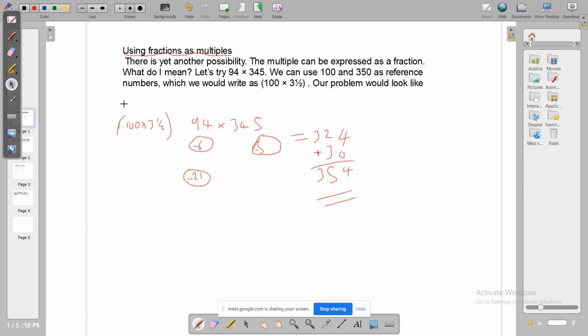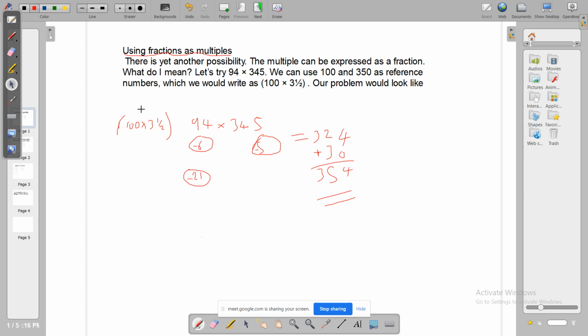So 3 and a half, when you multiply by 100, the answer will be 350. 100 from 94 will be 6, so 6 from 100 gives 94.